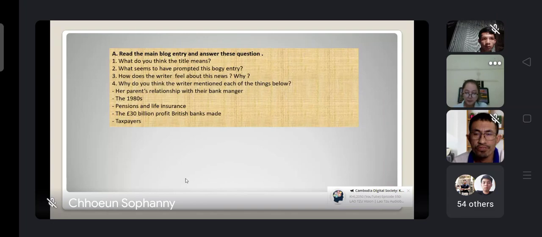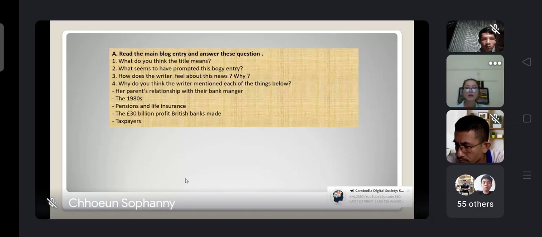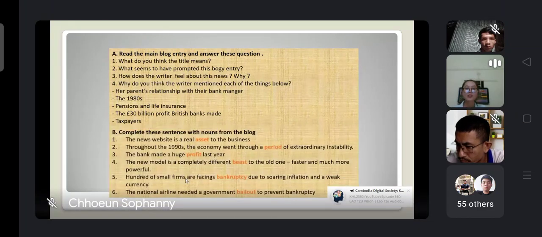Because of the different things that began to change, the regulation allowed them to expand, and they offered new services, and despite this huge profit they are still going bankrupt. The taxpayers' money will be used to bail them out. And the B section is: complete the sentences with the nouns from the blog.